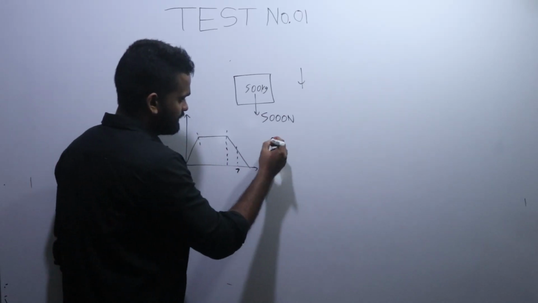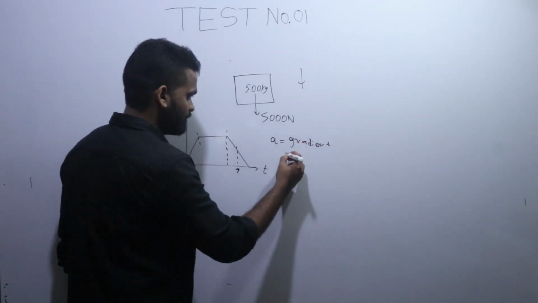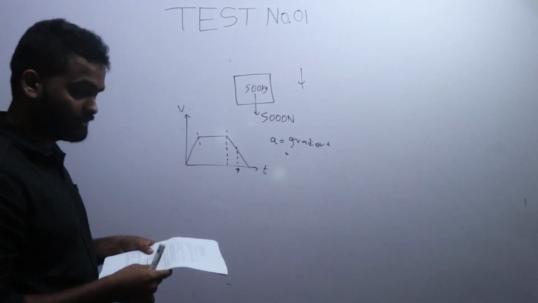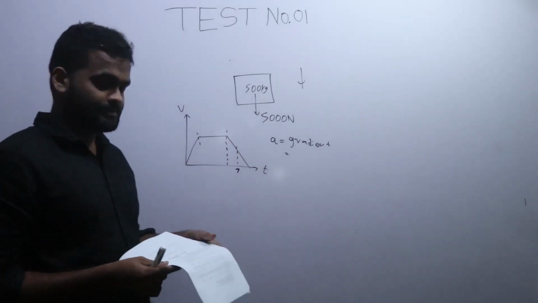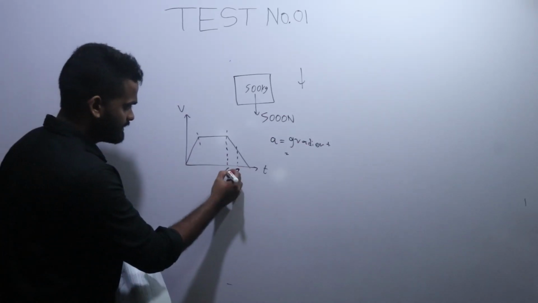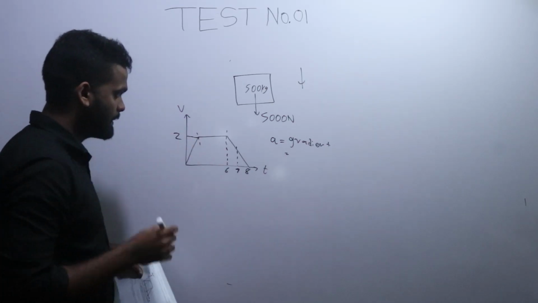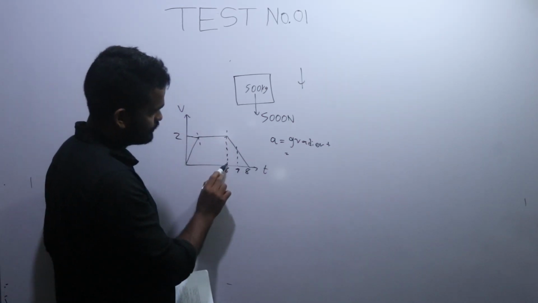To find the deceleration, we know that it is equal to the gradient. So we have to find the gradient of this part. That is going to be equal to the deceleration of the lift. So this is 6, 8 and this height is 2.